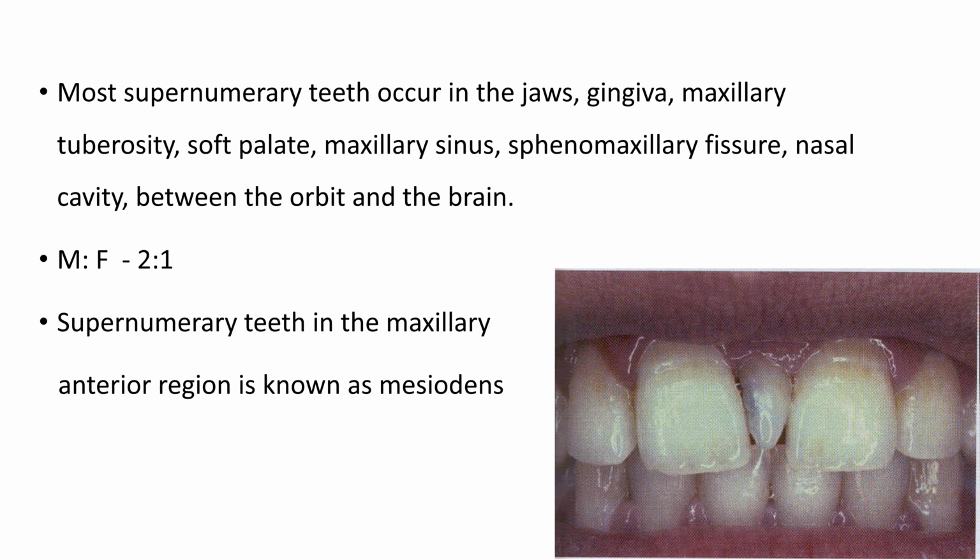Several terms have been used to describe supernumerary teeth depending on their location. A supernumerary tooth in the maxillary anterior region is known as a mesiodens. In the picture you see an additional tooth present between two maxillary central incisors, known as a mesiodens or supernumerary tooth.